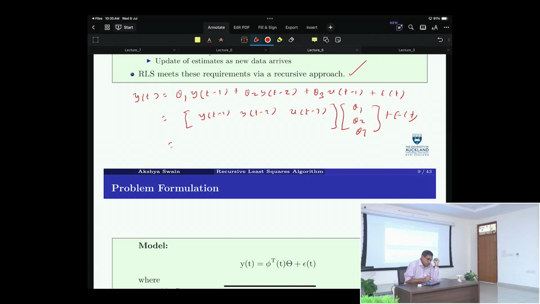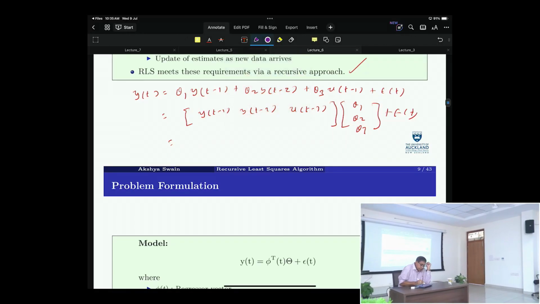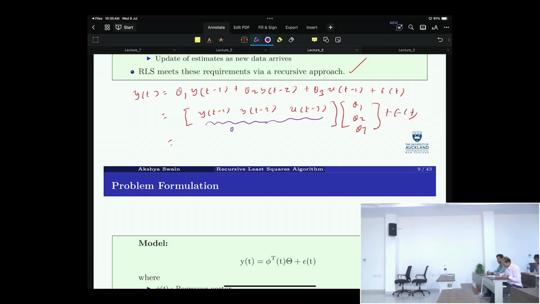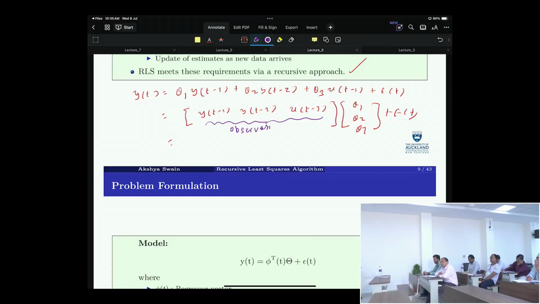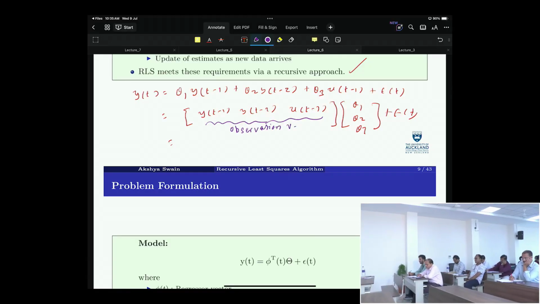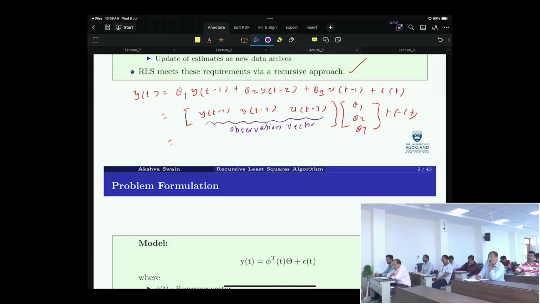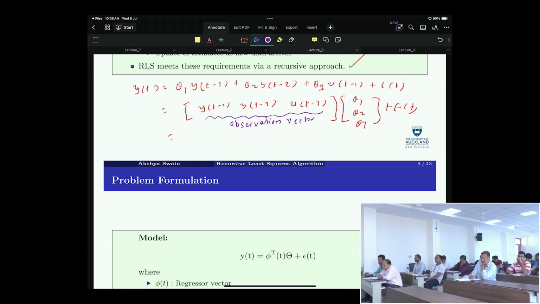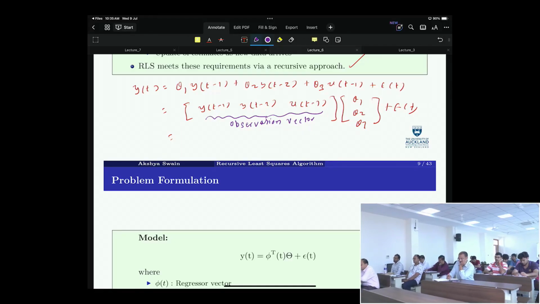This one is called the observation vector. This term is important. As I told you, any vector means it must be a column vector. If it is a row vector, then you transpose it. That is the standard practice.